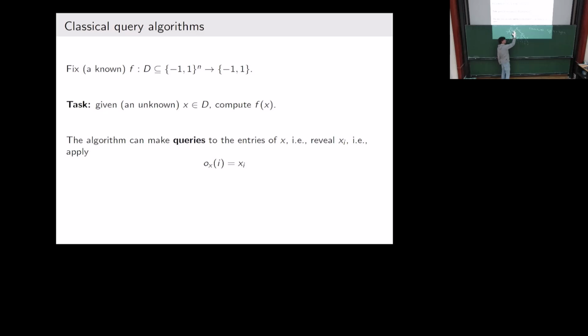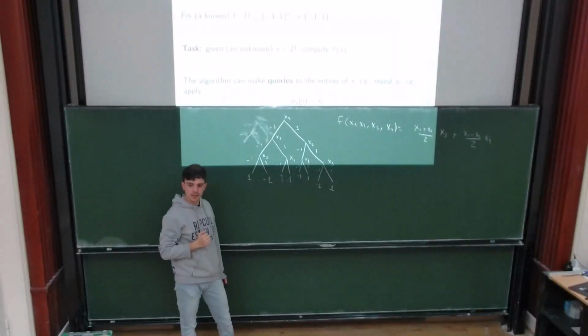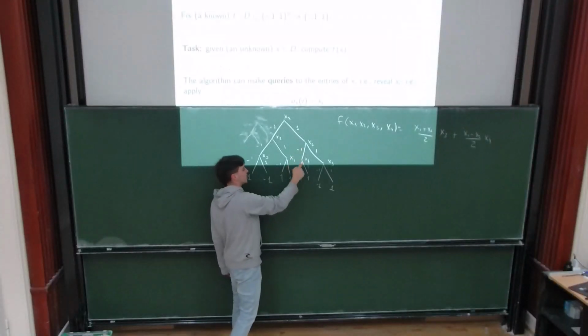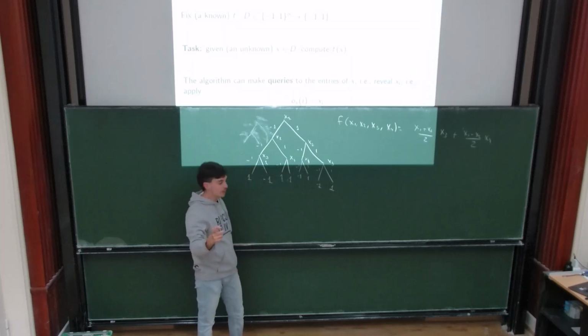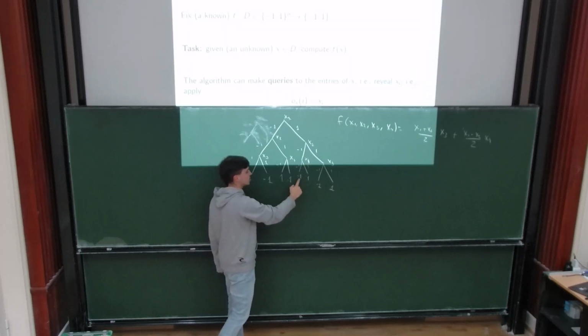Okay, so the way that you should treat a decision tree as a classical query algorithm is first you ask for x1, and then you go where the value 1 is. So it goes to a node with the label of x2. So now I'm going to ask you, what is x2? Minus 1. Then I go here, I ask you about x4, and what? Minus 1. Then I say that the value is minus 1.